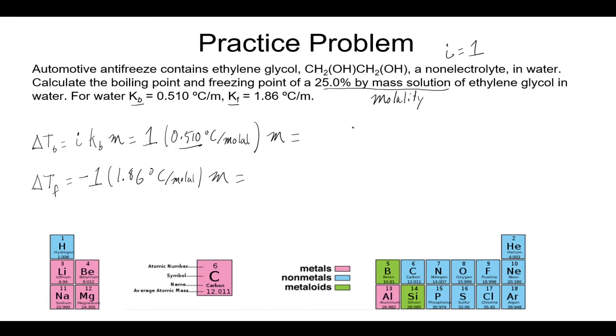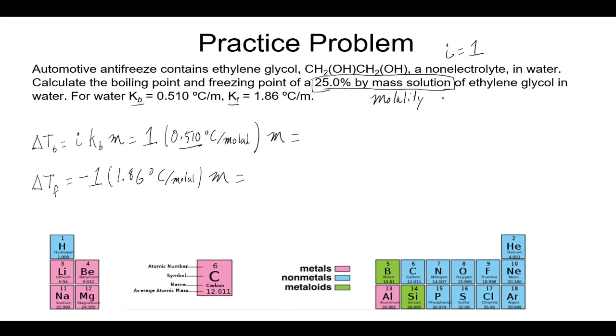So how do I get molality? Well, what I notice here, what I'm given for the unit of concentration is 25%. In the last video, we did a lot of exercises converting between percent mass and molality or molarity or ppm or ppb or any of these units of concentration. So if you need help on that math, go back and watch that video.